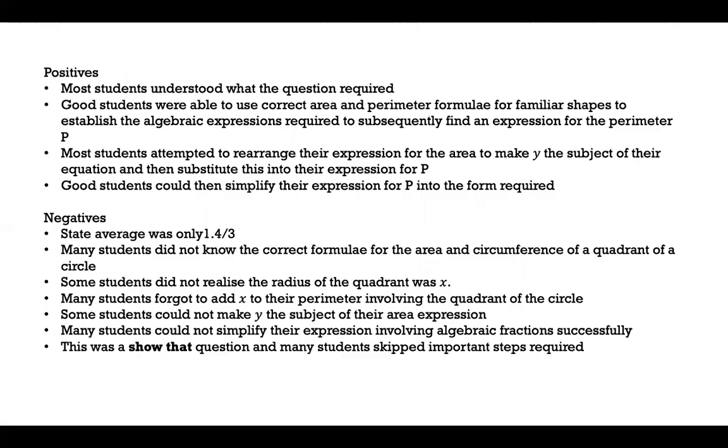The positives were that most students did understand what the question required. Good students were able to use correct area and perimeter formulae for familiar shapes and establish the correct algebraic expressions needed to find the perimeter P.